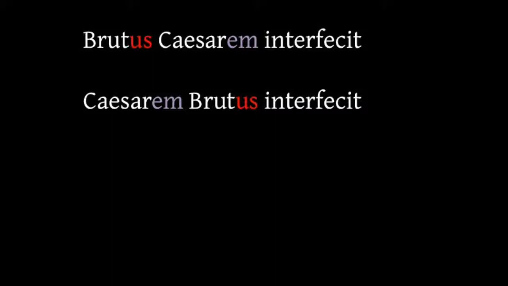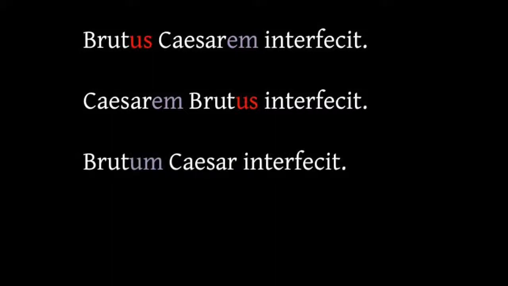Brutus killed Caesar. Now, if we were to change the endings of the words and change Brutus to Brutum, Caesarem to Caesar, then we've changed the meaning of the sentence. So this third sentence means instead, Caesar killed Brutus.